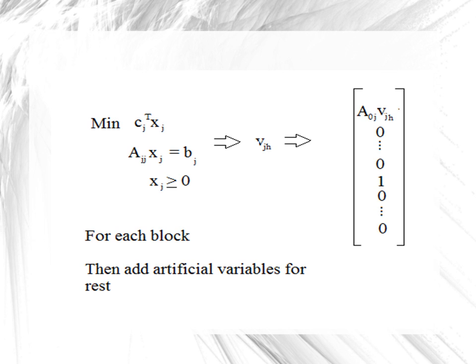Notice that there is a 1 at the bottom, or the middle section there, and that's going to be the lambda that enters. I believe it would be lambda jh, and this means that there can only be one column entering from each block. So we will need m0 artificial variables to begin the simplex method.